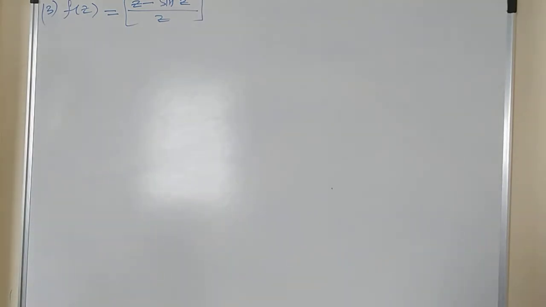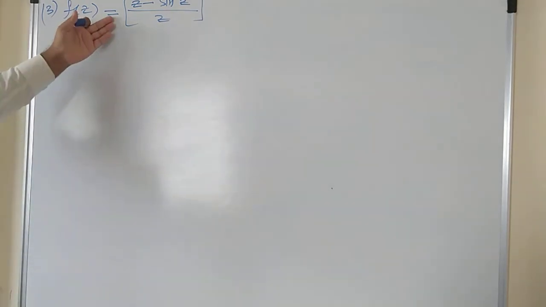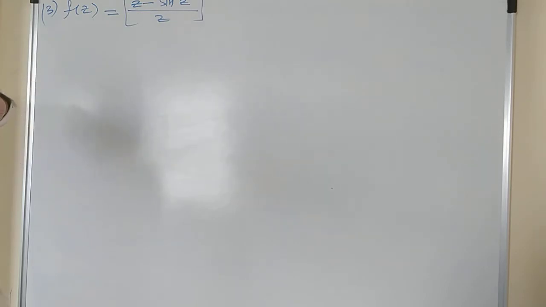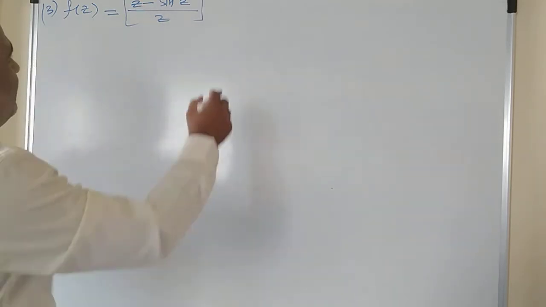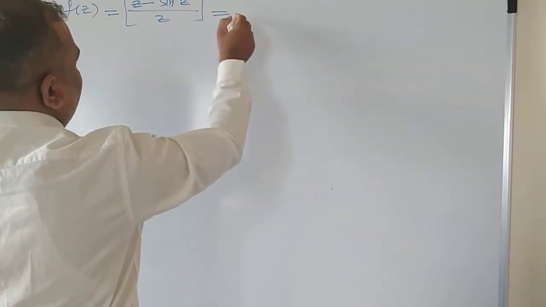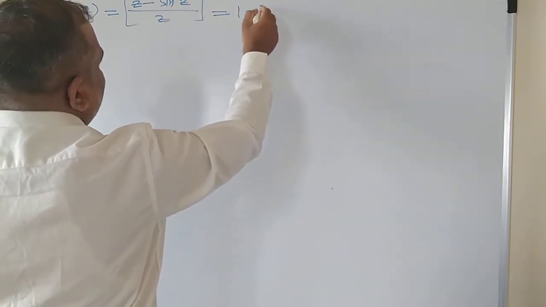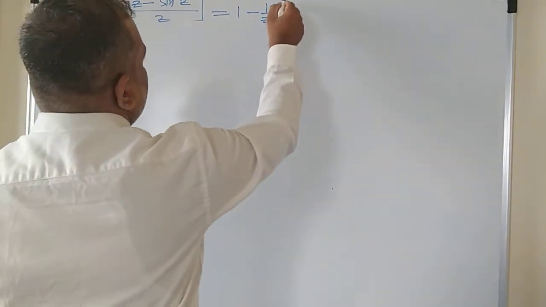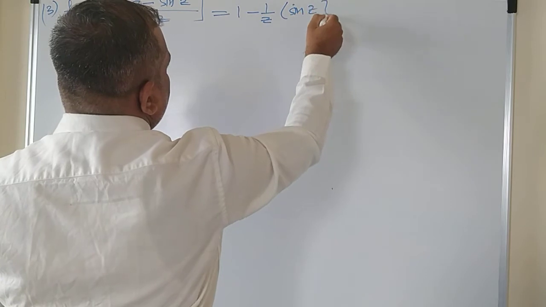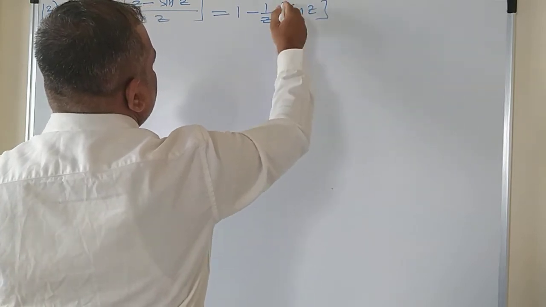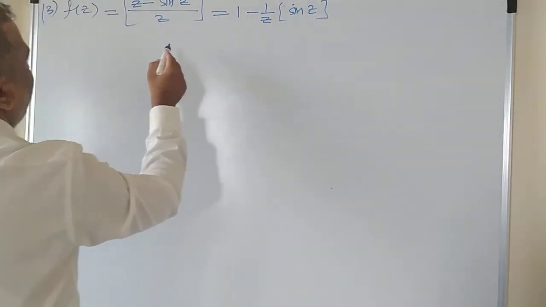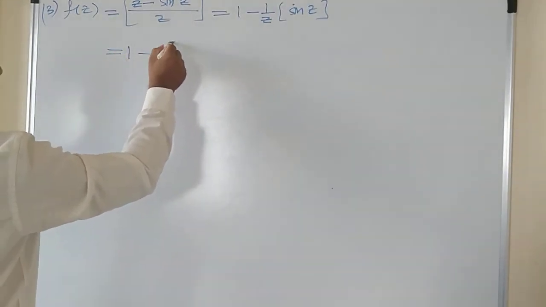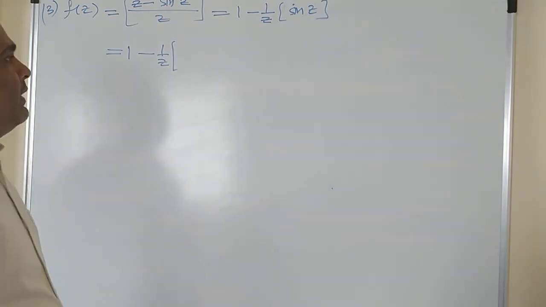Now this function you can solve. You can calculate the residue of the given complex function by expanding the given function. How to expand this? I can divide by z the two terms separately. So you will get 1 minus sin z by z. So sin z by z I can write as 1 upon z into sin z, right? 1 upon z into sin z, and the first term as 1, minus 1 by z into the bracket of the sine series.